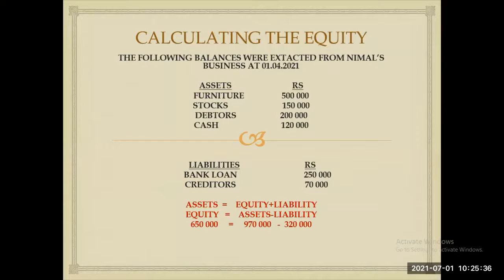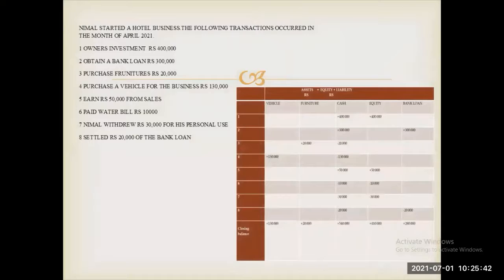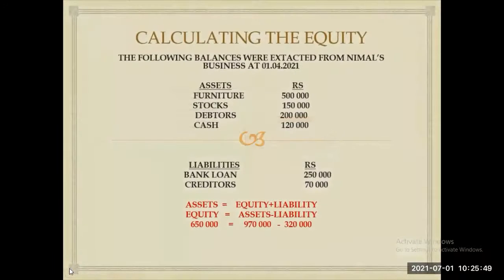So when we are calculating the equity, we have to subtract the liabilities from the assets. Here, the total amount of asset is 970,000 and the liability is 320,000. So the equity amount becomes 650,000.